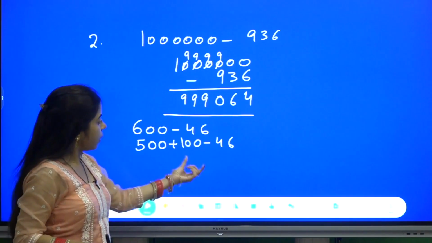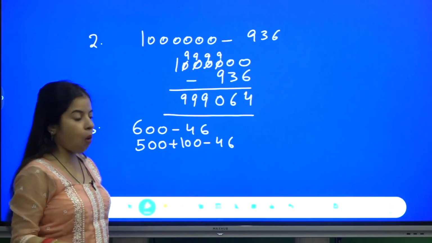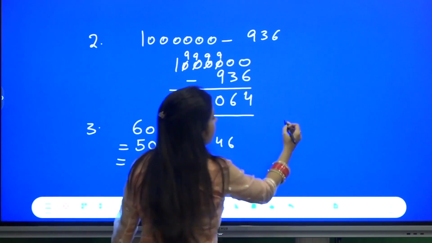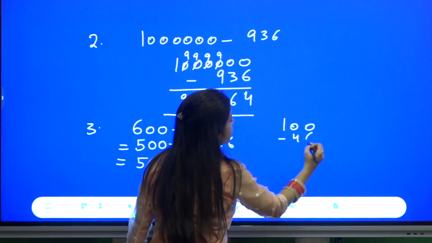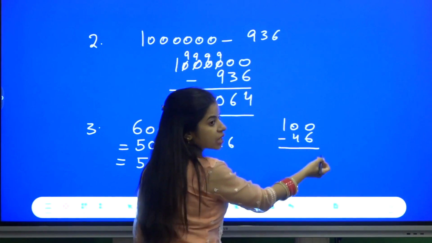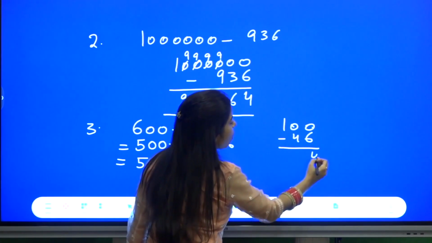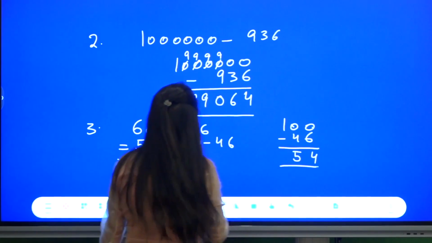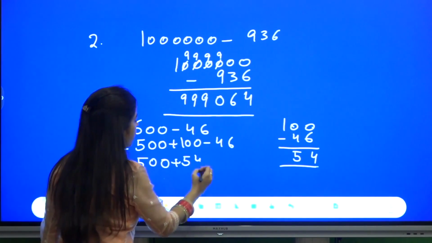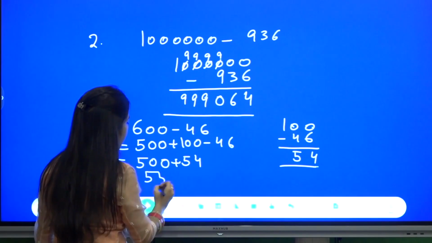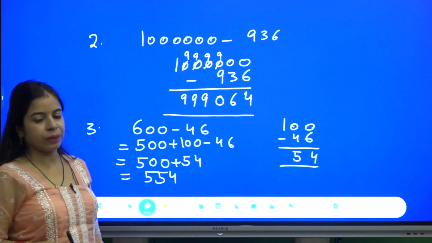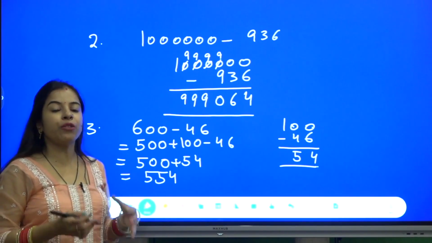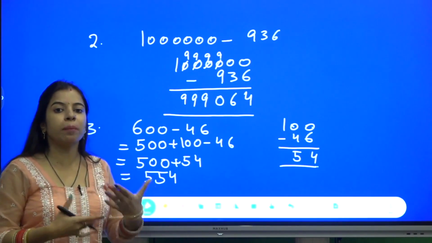And in the last two numbers, we can perform Nikhilam Sutra as 100 minus 46. So this will be last from 10, 10 minus 6 is 4 and remaining from 9, 9 minus 4 is 5. So we are getting 54 and so the final answer is 554. So in this manner, we can subtract any number from the numbers which are closer to the base or the sub-base.